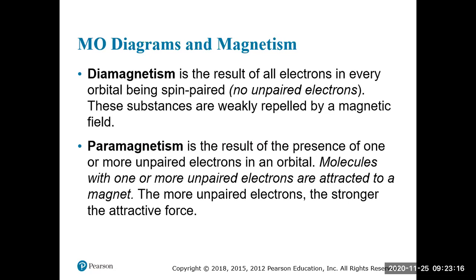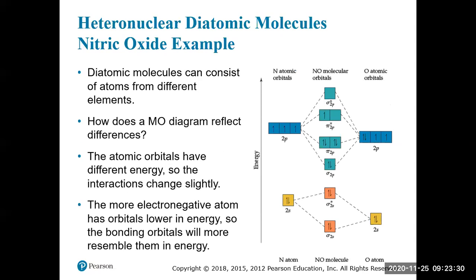We're not going to get into it in this class, but it is a way that you're able to take advantage of this pairing or unpairing, this response to a magnetic field, to get information about molecules.